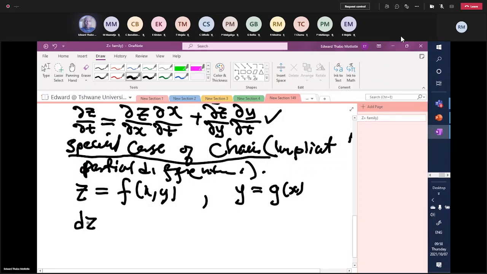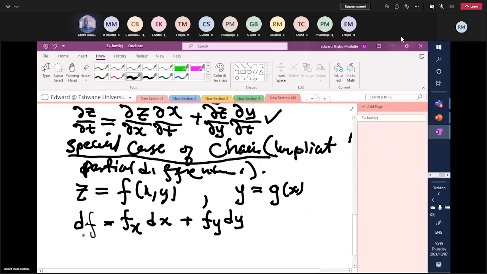The total differential dz is equal to, for some reason I'll prefer to use df. Let's use df because f and z are equal. df is equal to, you differentiate f partially with respect to x, dx, plus we differentiate f partially with respect to y, dy.